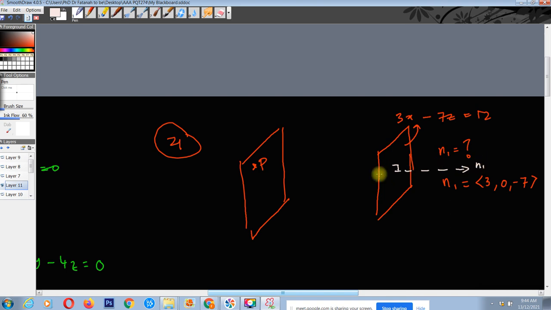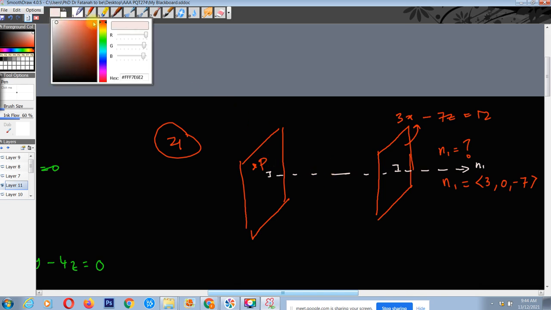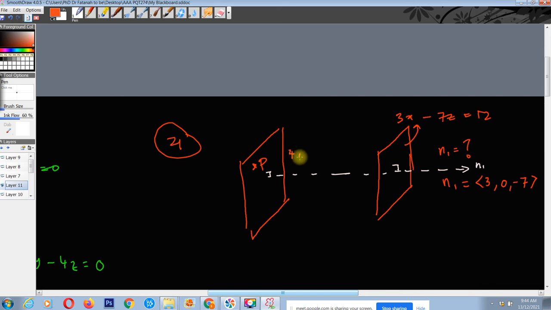So this n1 is the normal for this plane. Alright, so just easy. This is P. So what is P here? P is 4, negative 2, 3.